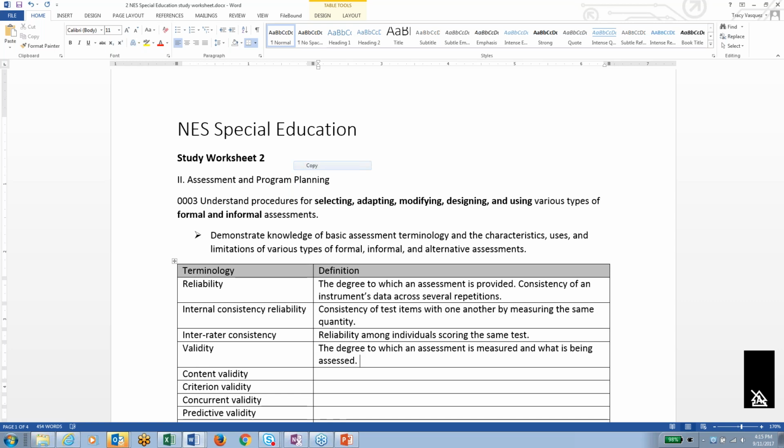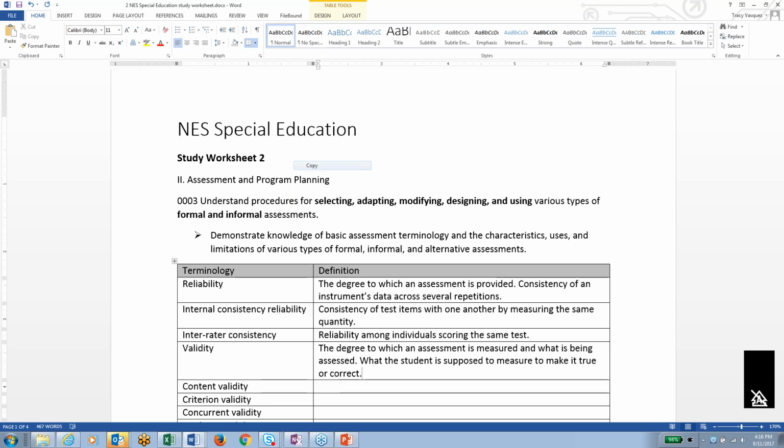That was good. Can you repeat that last part? What the student is supposed to measure to make it true or correct. Yes. So essentially, validity measures if the assessment is measuring what it is intended to measure. Okay. So let's go on to content validity.